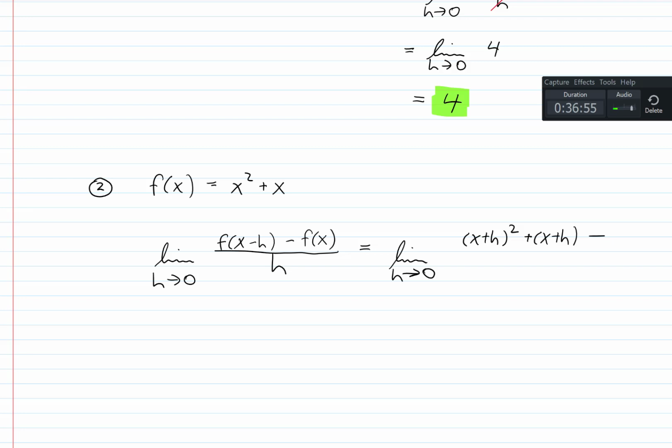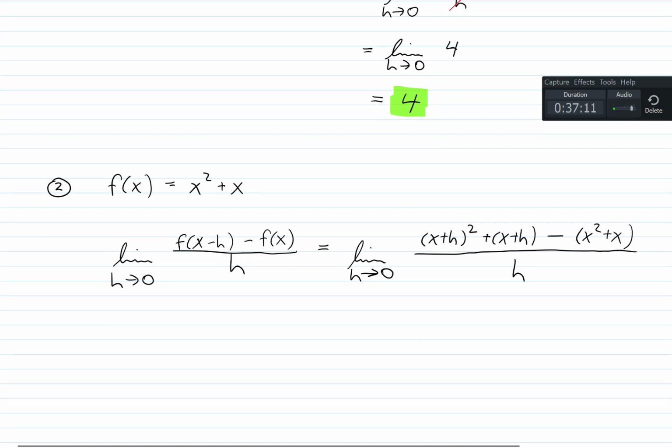Then there's a minus, and I subtract f of x, which is x squared plus x, and then I divide all of that by h. Now, again, let's say the same thing I said last time. In order to find that limit, I first need to simplify this fraction. Okay? So let's see what we get here.